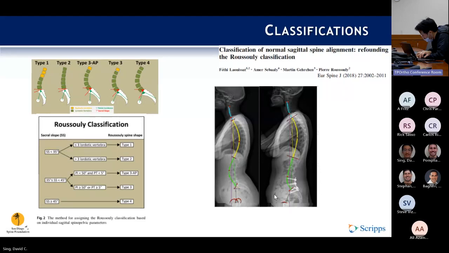And he found with this type of patient, the SVA, the C7 plumb line, would go from starting off anteriorly to being aligned at the mid sacrum. So this was an example, I think, of how you can't apply the same principles across all patients. And this was specifically a subset that behaves differently in terms of their sagittal alignment.